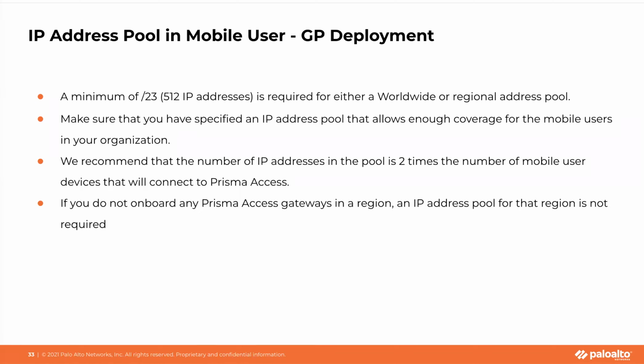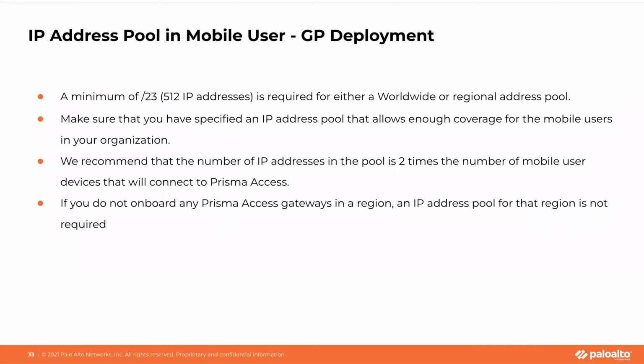The addresses in this pool must not overlap the address pools you use internally or the IP subnets you assign for your service infrastructure. The minimum requirement is a pool of IPs of /23, which should be either worldwide or regional.